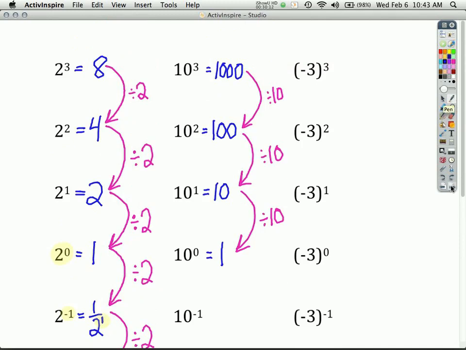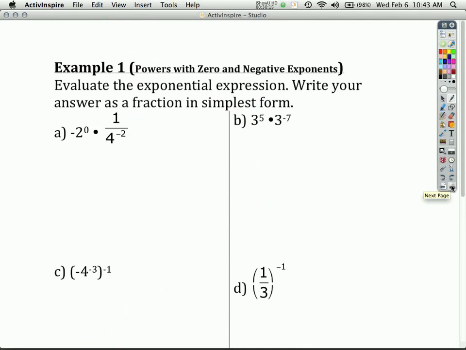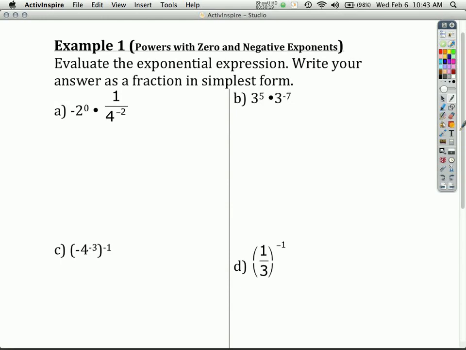So now you should have a little bit of grounding into the why. So now we need to know how to actually work with them. Put it into practice.